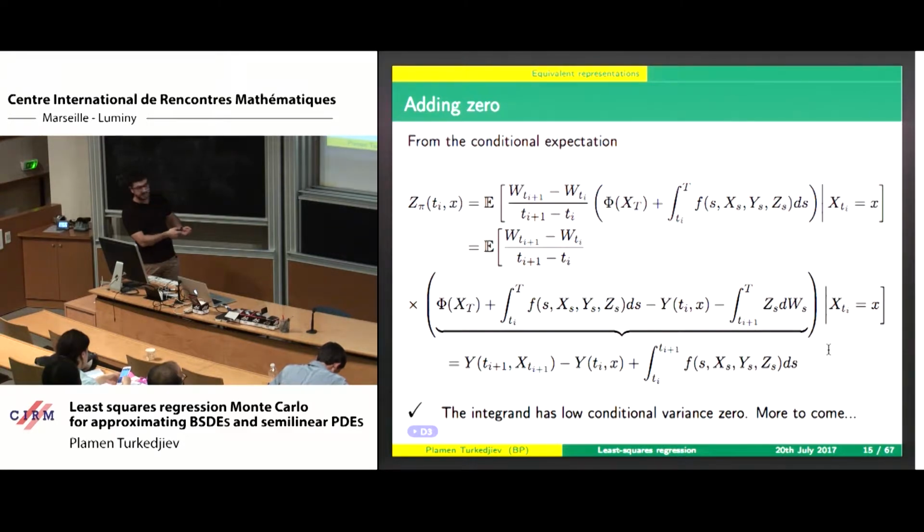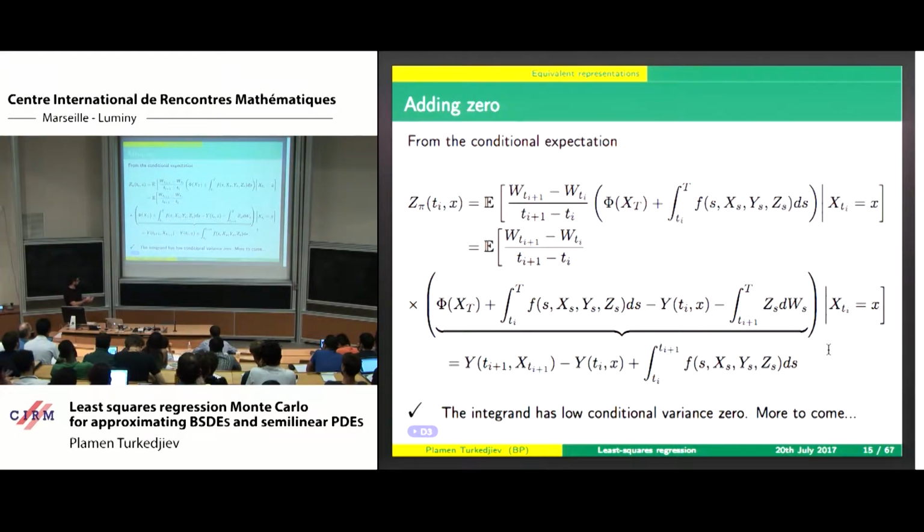And what we're left with, just playing with the BSDE equation, is y at time t_i minus y at time t_{i+1}. Well, that's going to be small because usually the paths of y have 1/2 Hölder continuity, and this is just a Lebesgue integral over a very small period of time. So we're left with something that's very small. Okay? And these formulations are used in Monte Carlo regression BSDE algorithms. And that's going to come later.